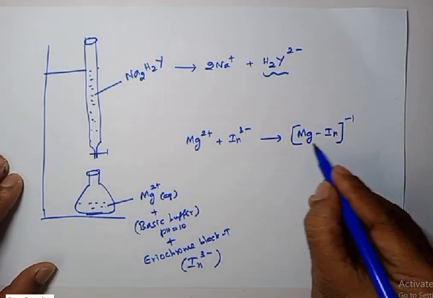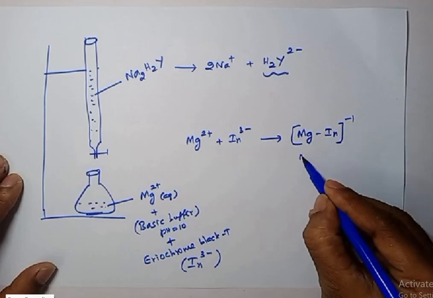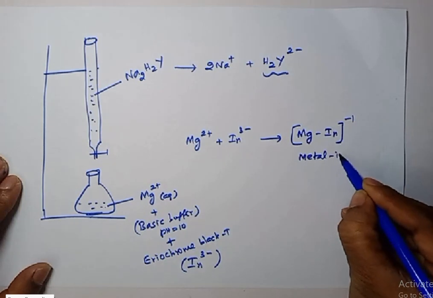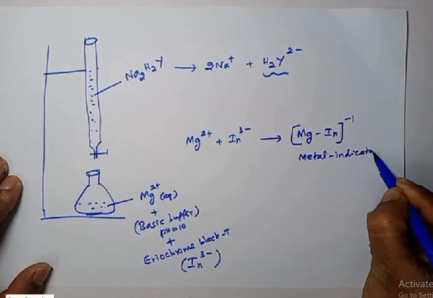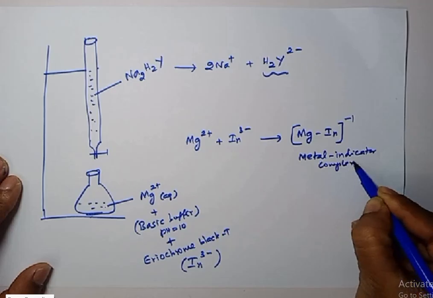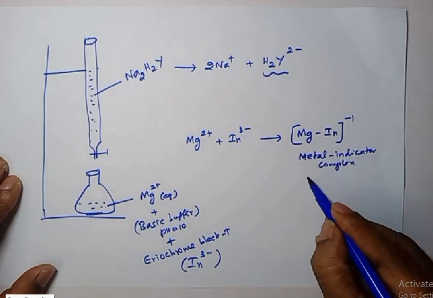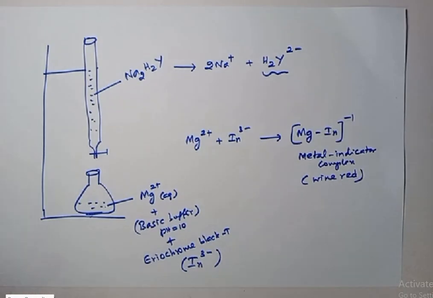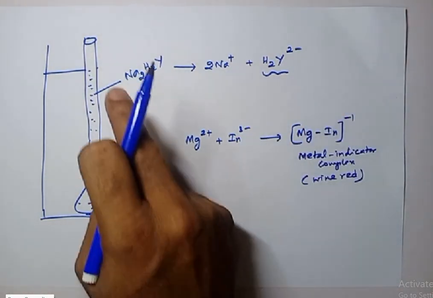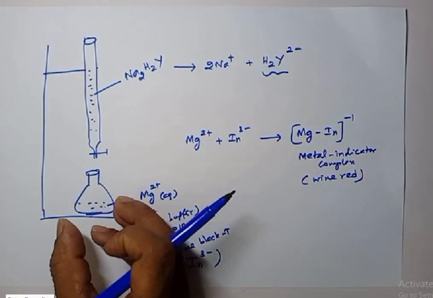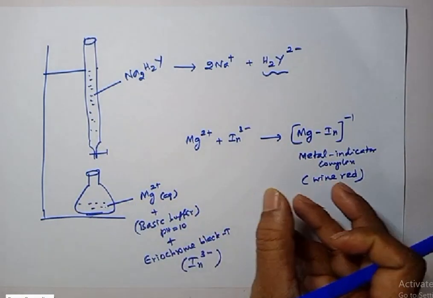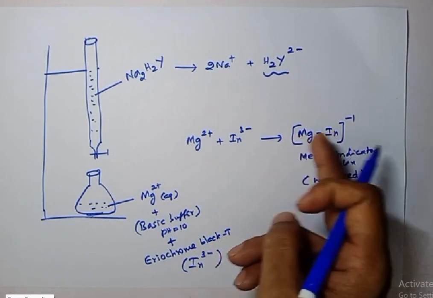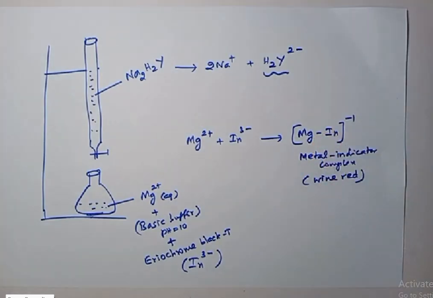So initially we get the metal indicator complex, and the color of this complex is wine red. This is what happens before adding the titrant. So the solution in the conical flask appears wine red. What is the reason? The reason is the metal indicator complex formation.